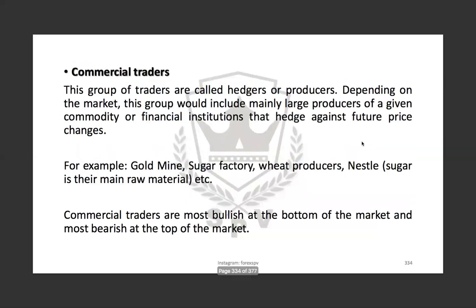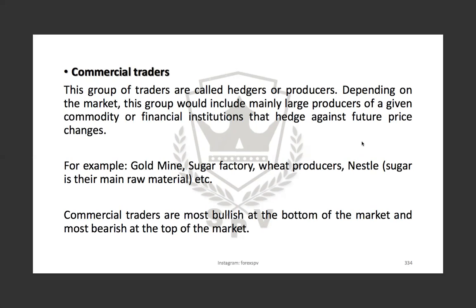And we have the commercials now. The commercials are the producers, or we call them the hedgers. Depending on the market, this group would include mainly the large producers of a given commodity.